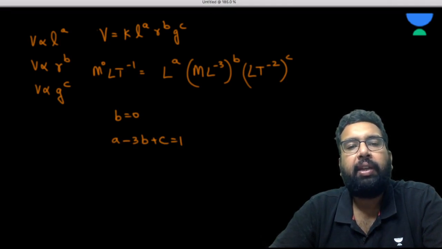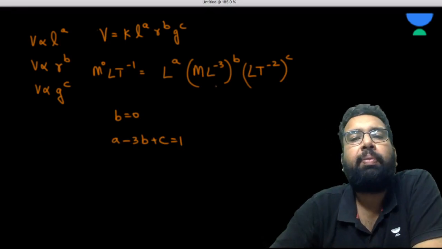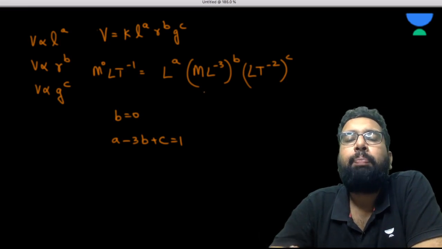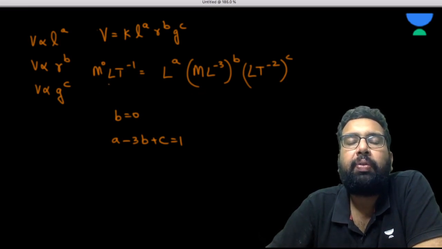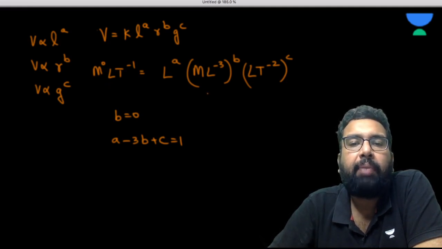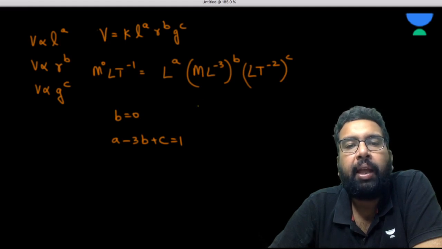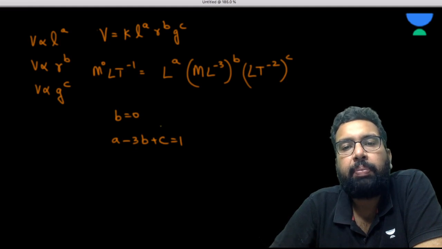Basically we have compared the powers of the same bases. If I see the power of the base L on the left hand side and right hand side and equate them, I'll be getting a minus 3b plus c is equal to 1. And what else? What is the power of T here? T is equal to minus 2c, and here it is minus 1.